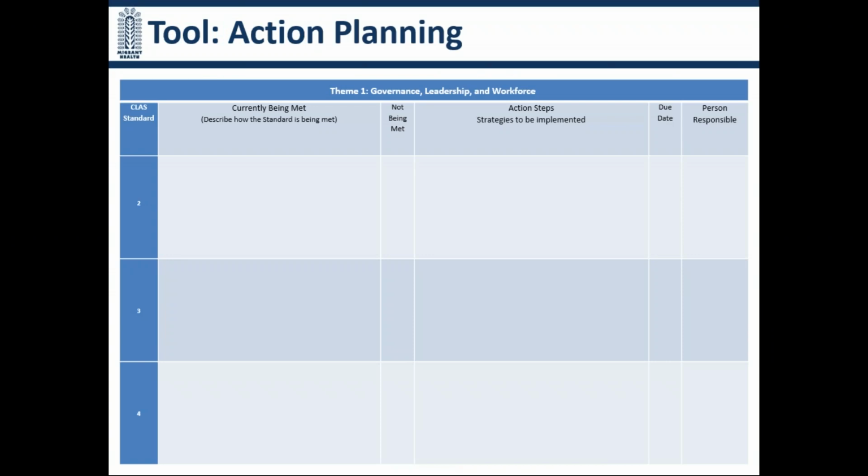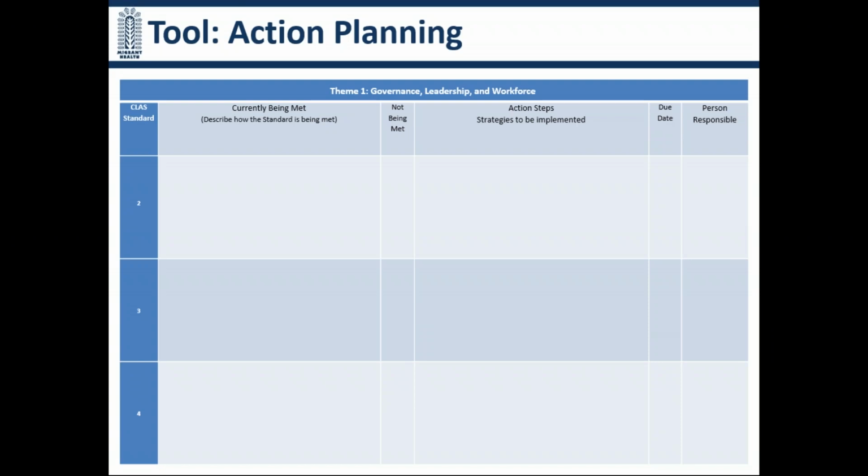One of the tools that was also created as a result of the Learning Collaborative was the action planning tool. On the left-hand side, it lists the standard, and whether the standard is being met or not being met, and then it has columns for you to insert your strategies to implement some ideas.